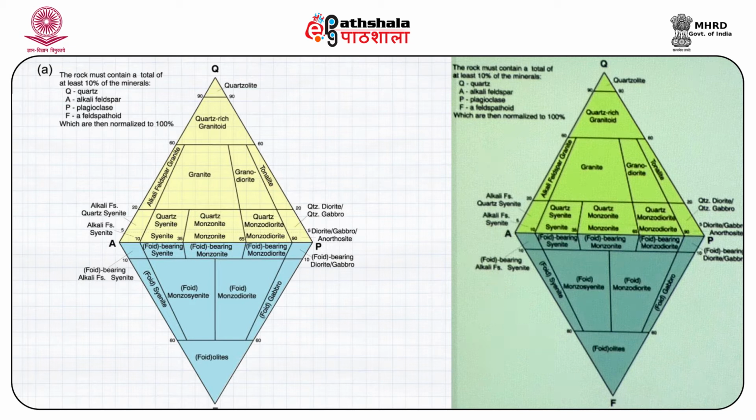Rocks with a combination of plagioclase as well as pyroxene are called gabbro. A combination of olivine and plagioclase is called troctolite, but the most common is olivine gabbro, where you have olivine, plagioclase and pyroxene together.